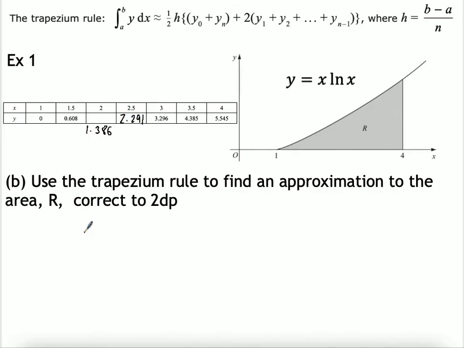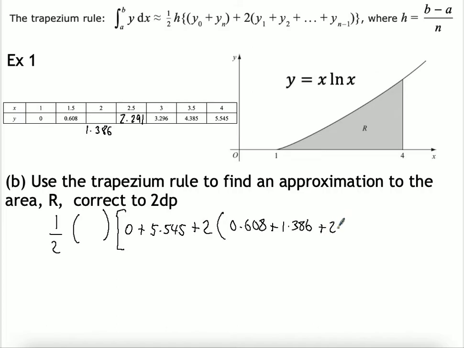Okay, so the trapezium rule is 1/2 of this thing h, and then we're going to take the first value and the last value, and then we're going to take 2 lots of every other value. Okay, and that is going to give us an approximation for that area.